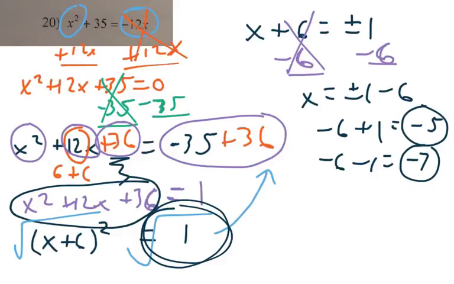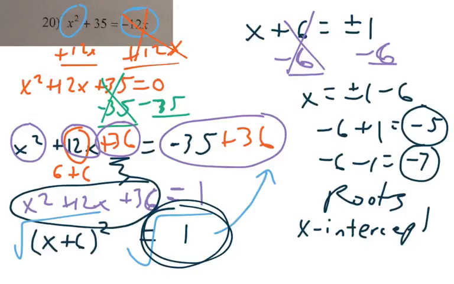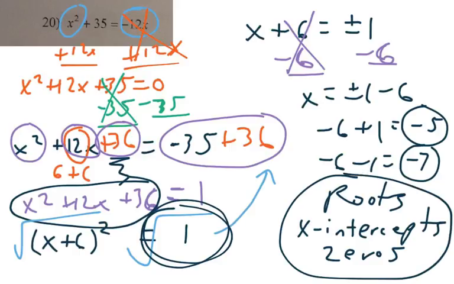And these two numbers, guys, remember, are called our roots. They're called our x-intercepts. They're also called our zeros. Please start remembering that all three words are synonymous. They mean basically the same thing.